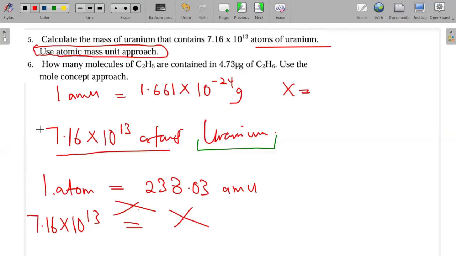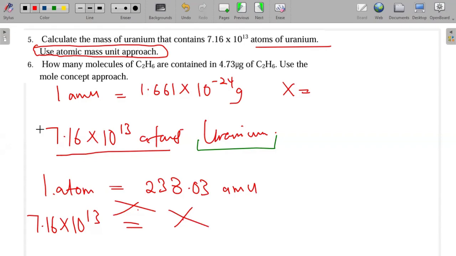What are we going to get as our atomic mass units for these 7.16 times 10 to the power 13 atoms? So we go on the calculator, we punch. So I have 238.03 multiplied by 7.16, and then multiplied by 10 to the power 13.